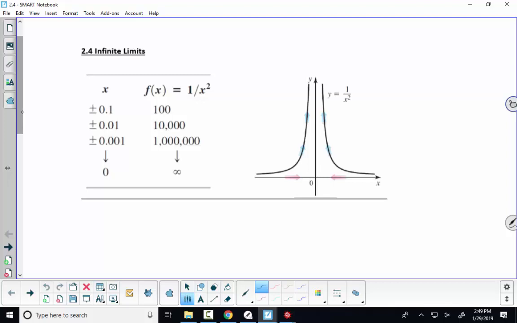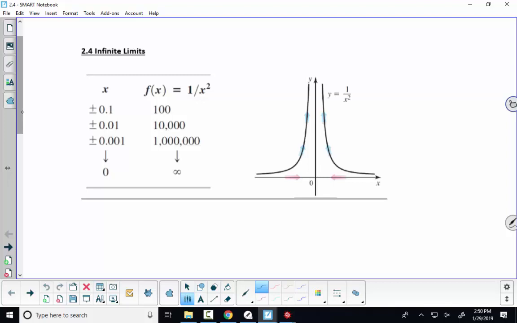So in 2.4, what's happening is x is approaching 0, but as we approach 0 on the function 1 over x squared, the y values keep getting larger and larger and larger. So the limit, remember the L value was contingent upon the y values, depending on what x value we're near.